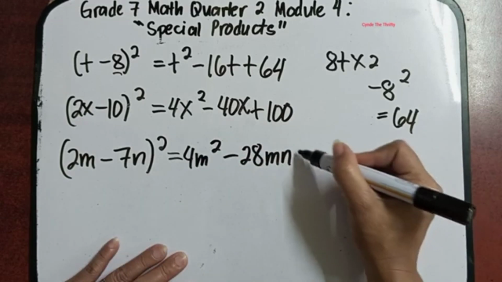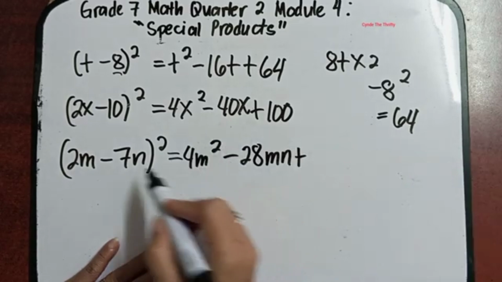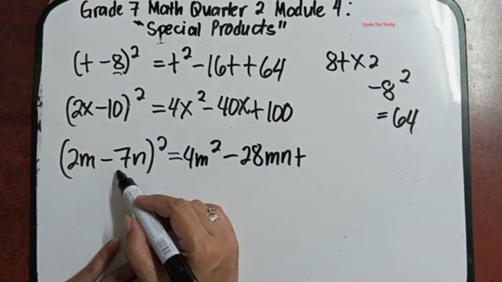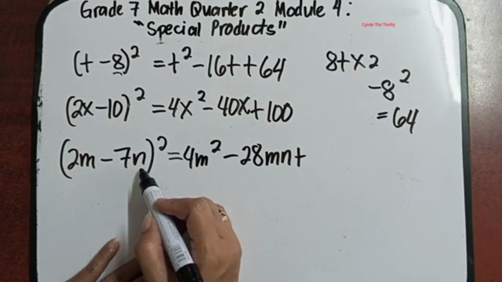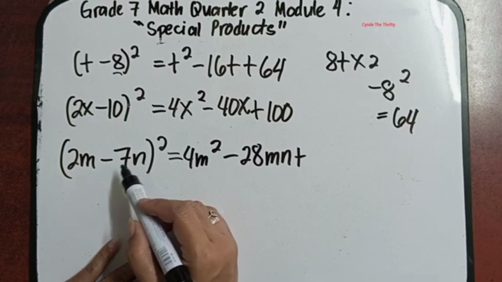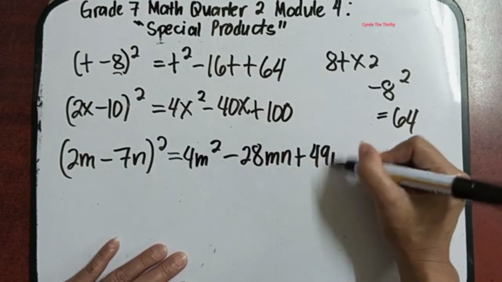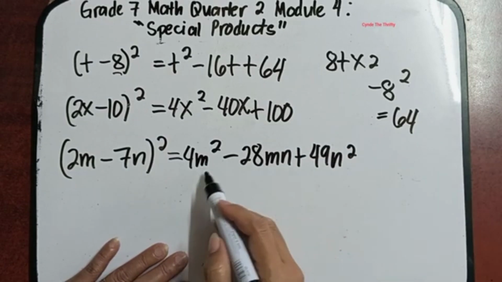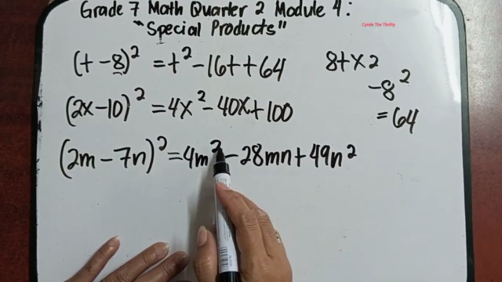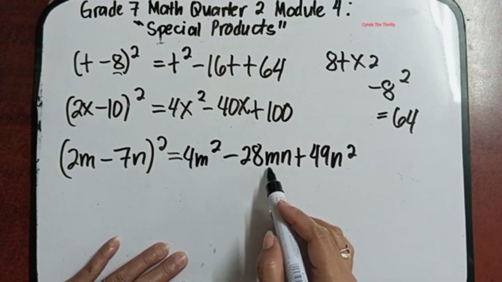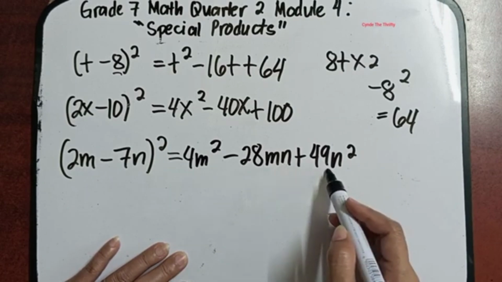And then, plus, i-add natin ang square ng last term. So, ang last term natin is 7n. So, i-square natin siya. 7 times 7 is equal to 49. And then, n squared. So, 49n squared. Okay, so ito na yung sagot natin. 4m squared minus 28mn plus 49n squared.